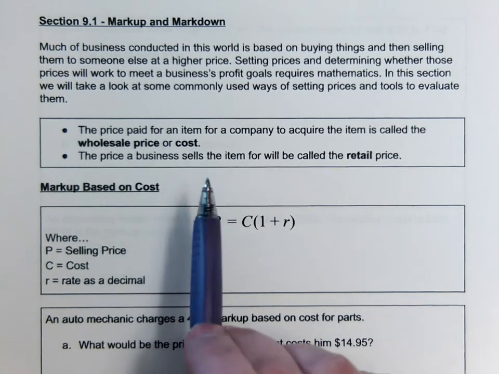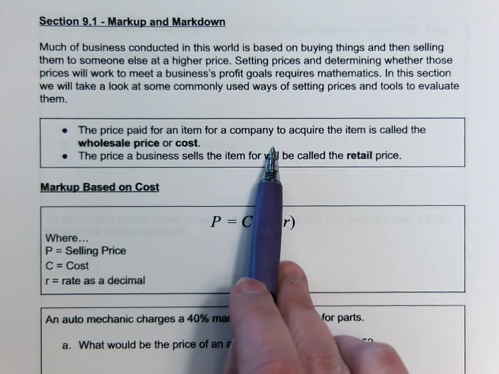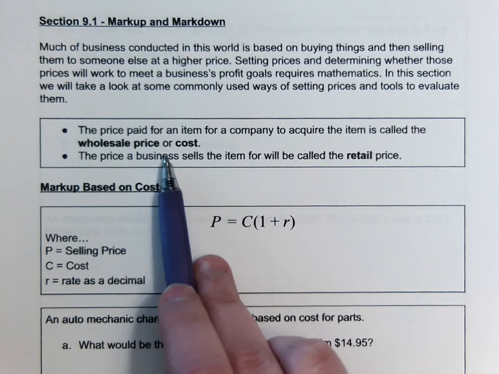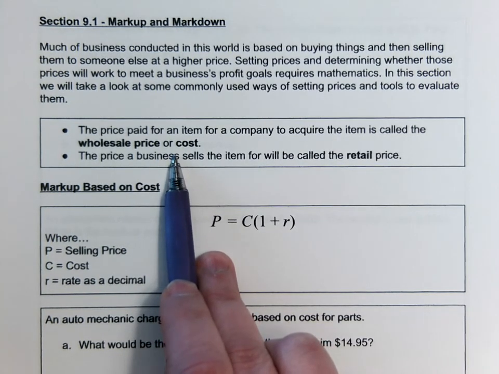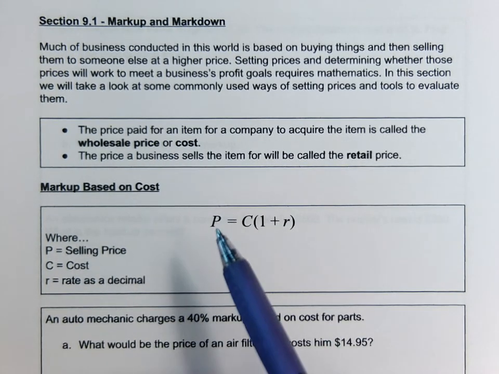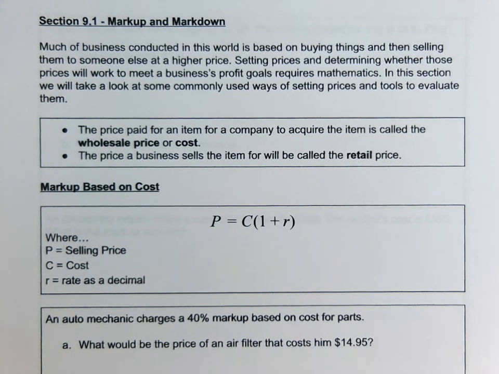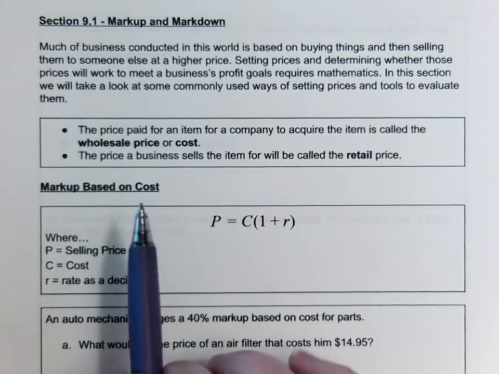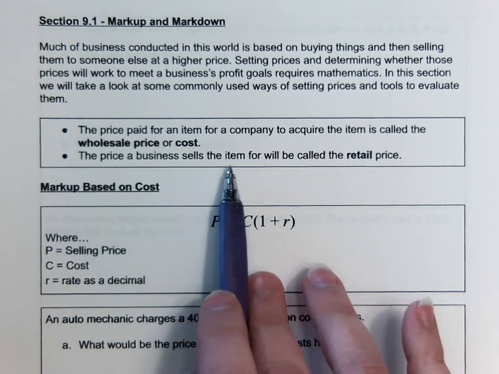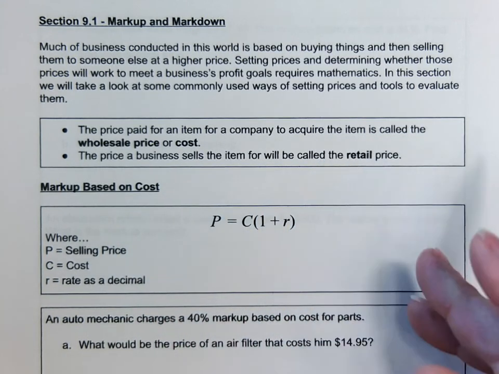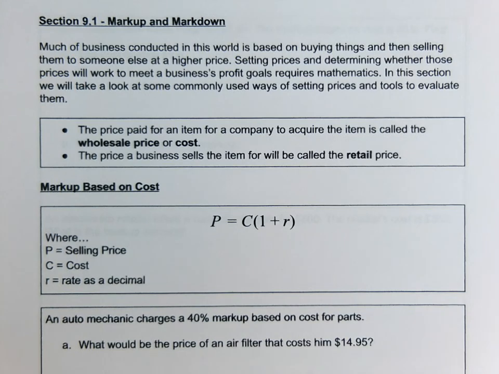The price paid for an item for a company to acquire this item is called the wholesale price or cost. So like in my business, when I go to buy fabric, that's the cost to me. Then the price that the business sells the item for will be called the retail price.